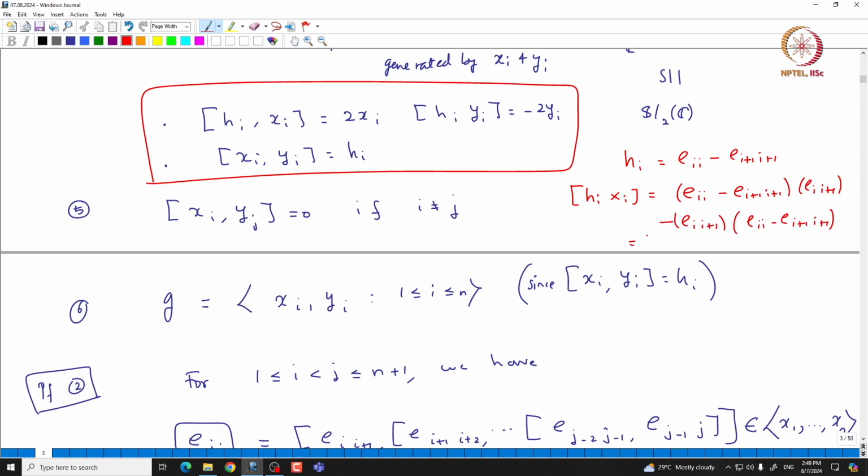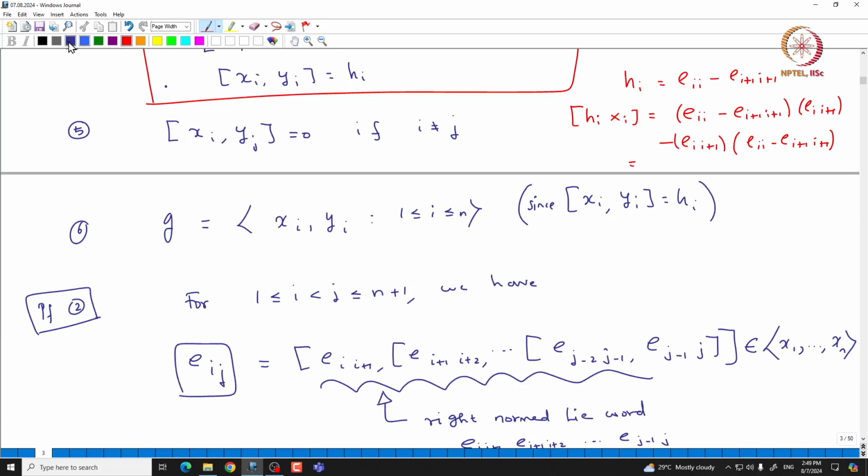If you do the calculation, you can see that only two terms survive: one gives you E_{i,i+1}, two of the products are 0, and the remaining product gives minus into minus plus E_{i,i+1}. Which gives you twice E_{i,i+1}, which is twice x_i.